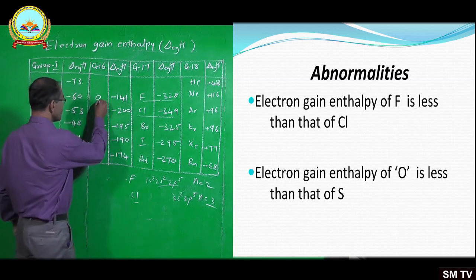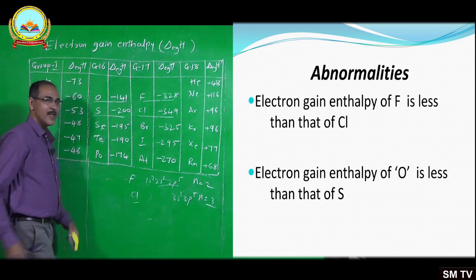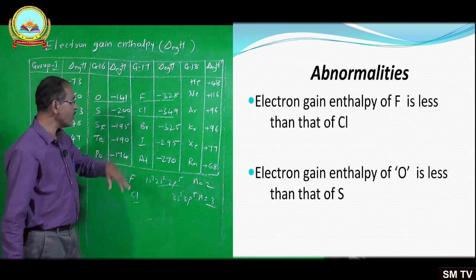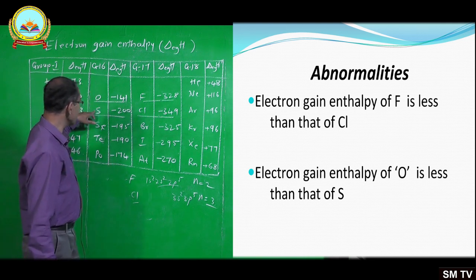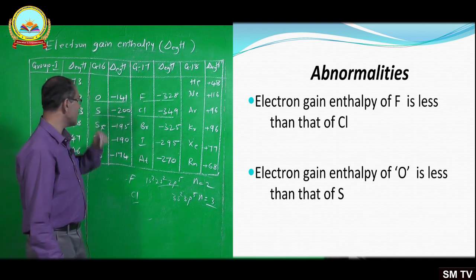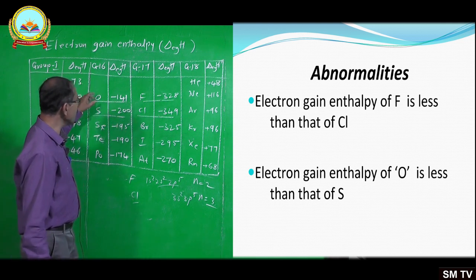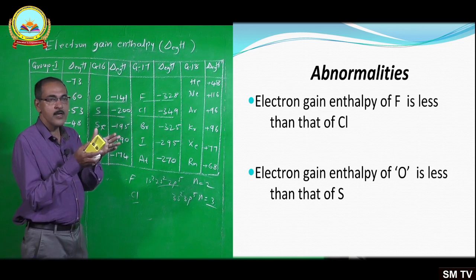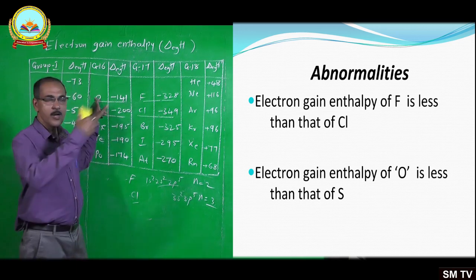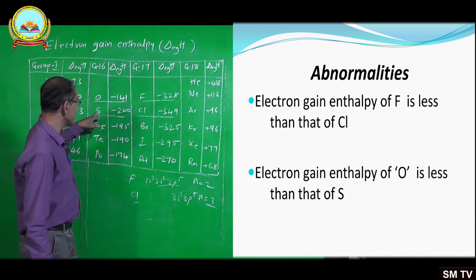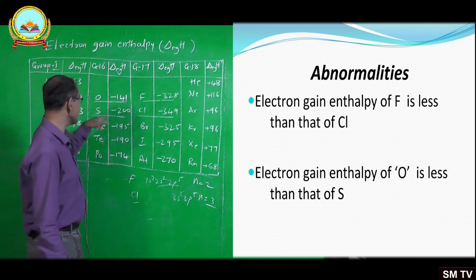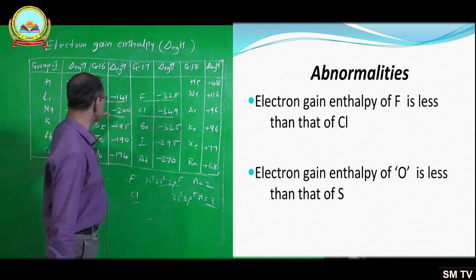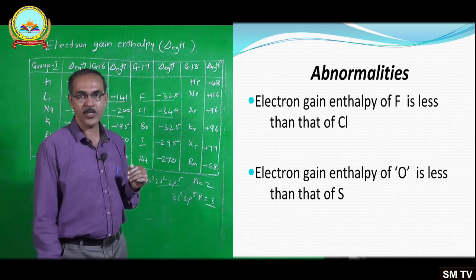Similarly, you can see the electron gain enthalpy of sulfur is more negative than that of oxygen. Same reason, because here the electron is added to the smaller shell, so the electron repulsion is greater in case of oxygen and less in case of sulfur. These are the abnormalities to be noted for examination purposes.